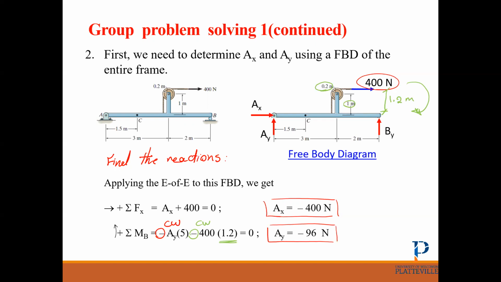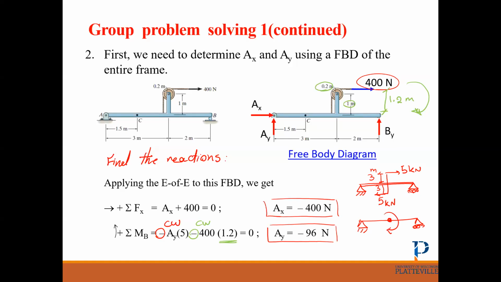Just before I move on, there are some examples maybe in your homework that have forces like this. For example, this is a simply supported beam, okay? Then you might have a force like this, 5 kilonewton here, 5 kilonewton here, and the distance is, for example, 3 meters here and 3 meters here. You can replace this system of forces with only one moment.